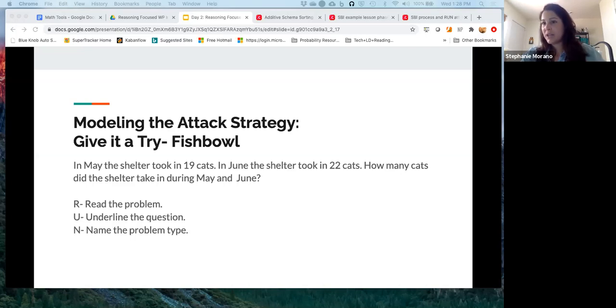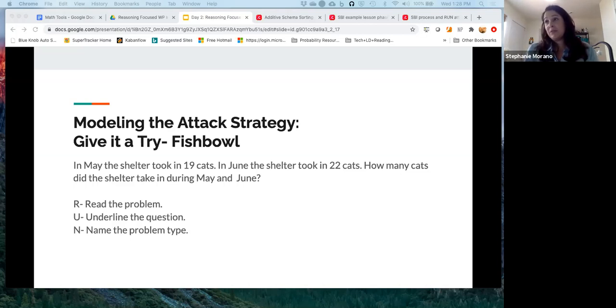All right, so I'm checking the chat. Someone says, yeah, we felt it's important to find a common attack strategy across grade levels and classrooms so that students have continued practice using it. That's a great point. This one, RUN, is really simple in general. And students could start using this in 1st grade and they could still be using this attack strategy in 5th grade.